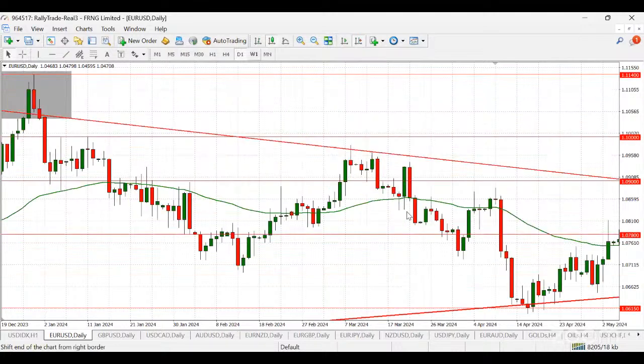All right, so Euro USD on the 1 hour time frame, we see this consolidation, right? Movement between 1.052 and 1.046.